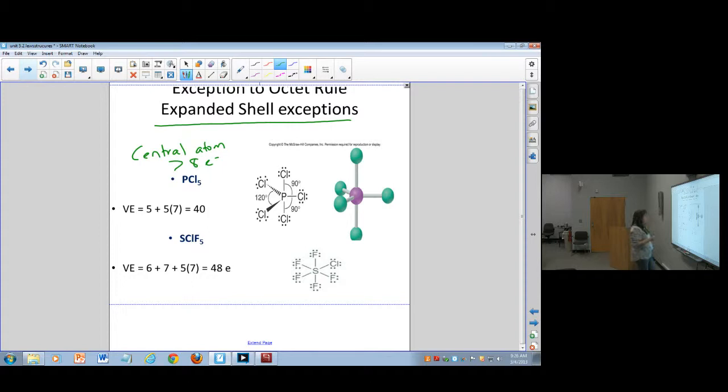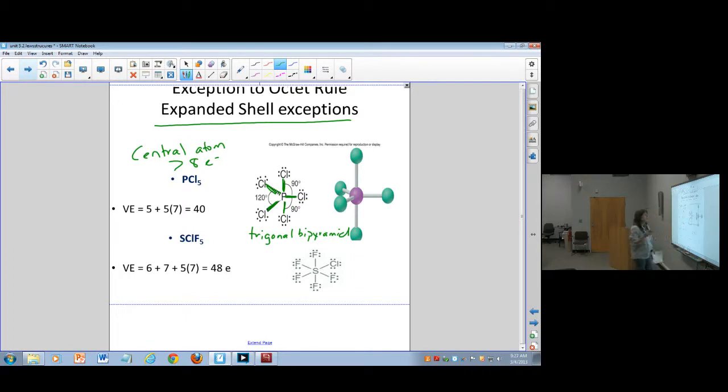We'll look at these a little more carefully when we start thinking about geometry, but this is a trigonal bipyramid, and it has 5 bonds, 1, 2, 3, 4, 5 areas there.